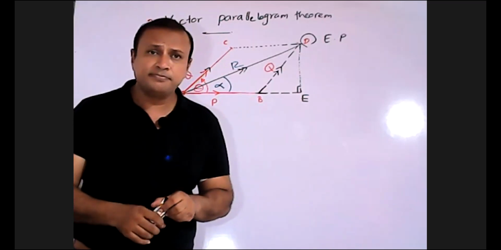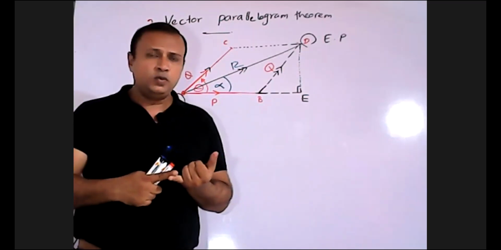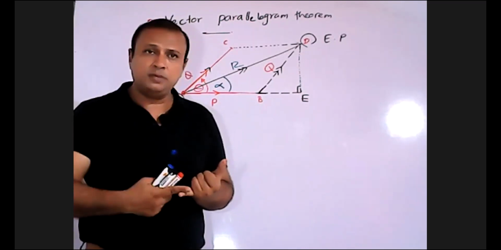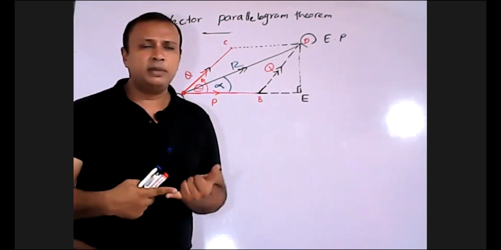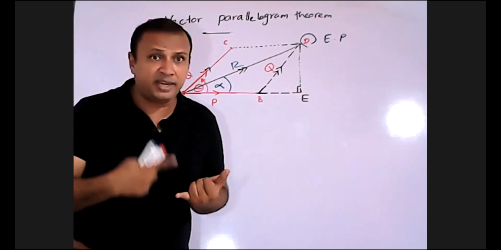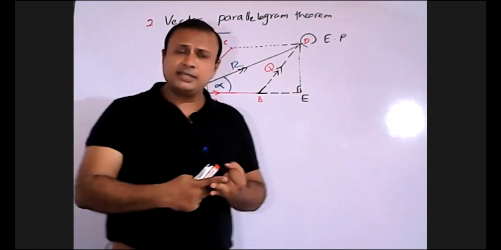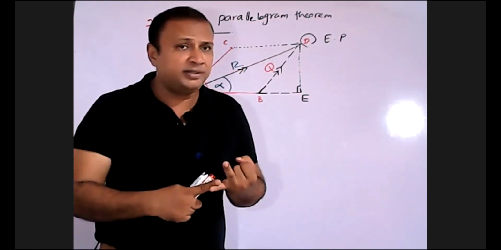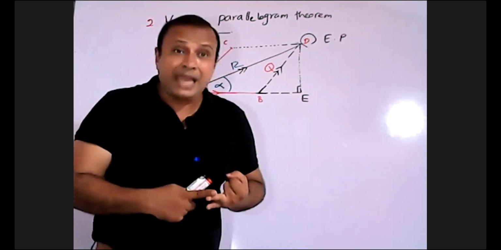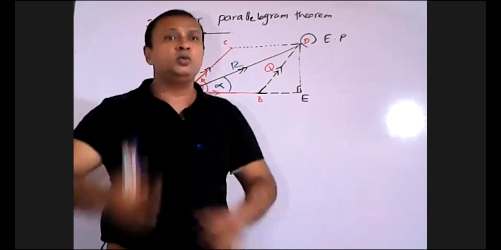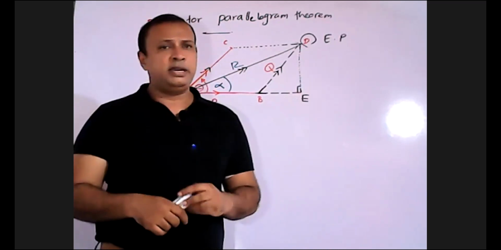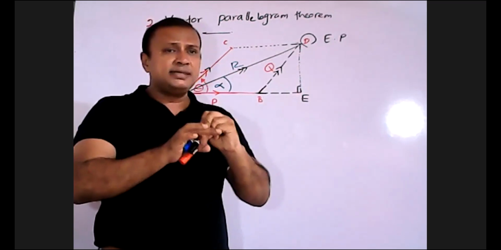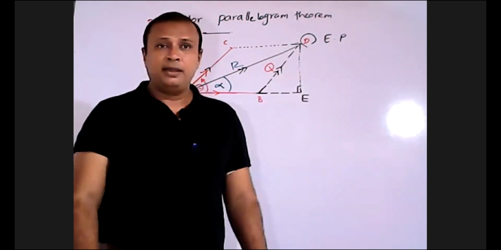The first thing, you know Pythagoras theorem. Using Pythagoras theorem, you can find a length of a right angle triangle. The second thing is sin cos tan. If you know one side of a right angle triangle and an angle, then you can find the other two sides using trigonometric ratios. Those are the two ways of finding a length.